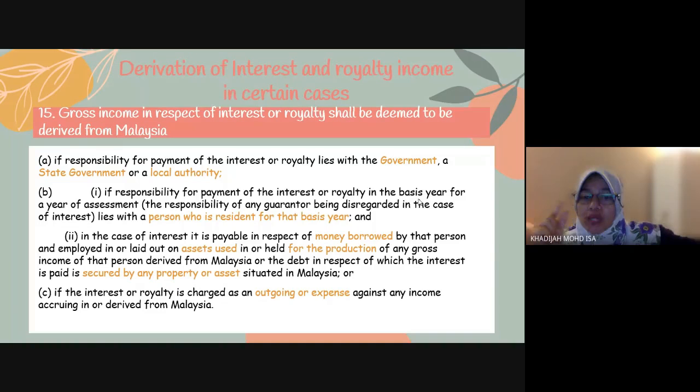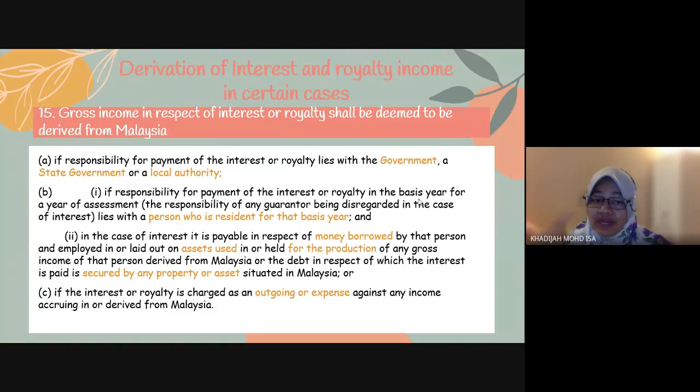The only different additional requirement is for interest income. Because for interest income, you have to look at part number 2, where it says that if it's a resident company, not only is it a resident company, but the money borrowed must be used for the purpose of income production. Itu additional for interest.